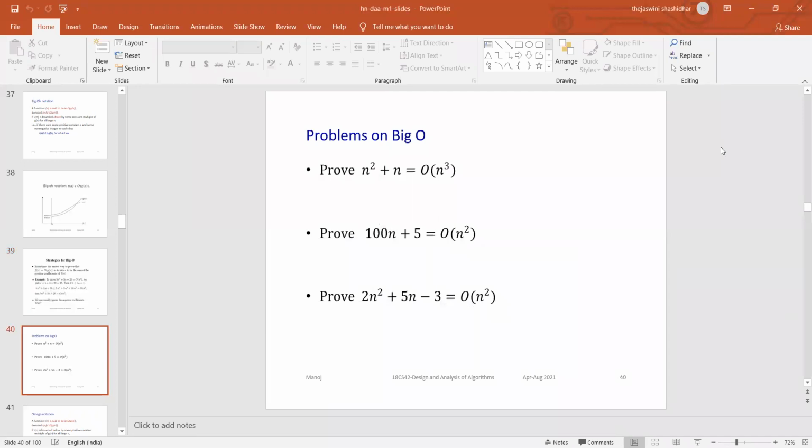Now you have to solve problems on big O. Prove that n square plus n is equal to big O of n cube. In this first question, what is T of n?